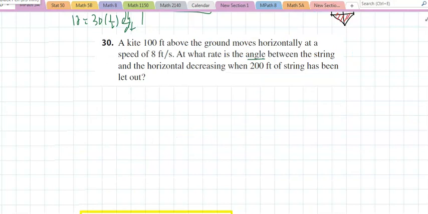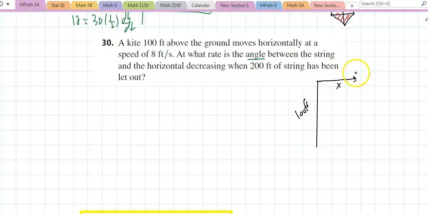On number 30, it states a kite is 100 feet above the ground, moves horizontally. So it moves horizontally. I call this x. dx dt is 8 feet per second.